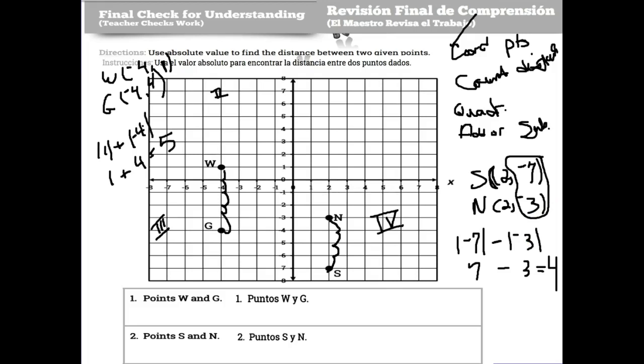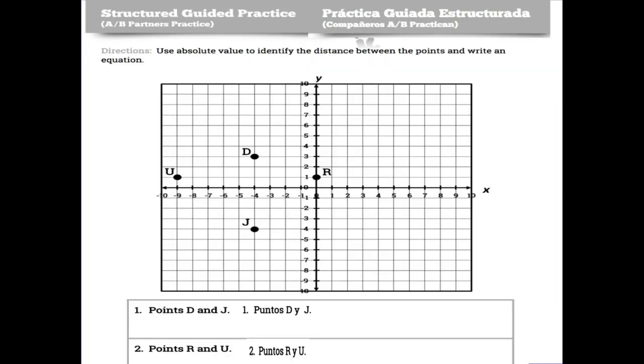Now, we're going to be going on to page 299, and that's going to be the introduction of that lesson. The structured guided practice for the procedural lesson should be on page 300.